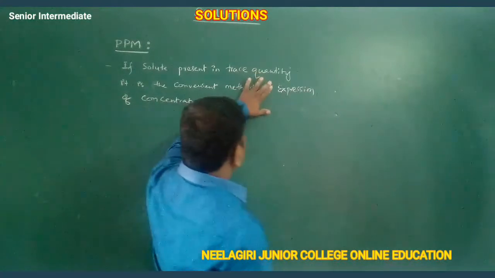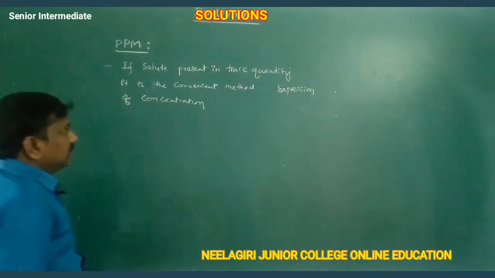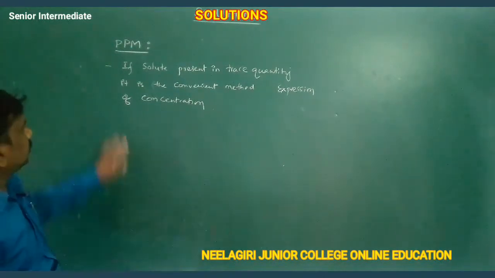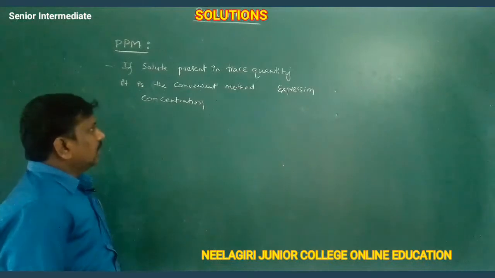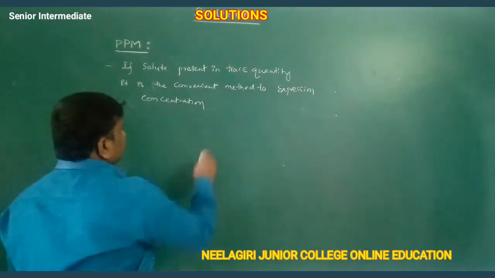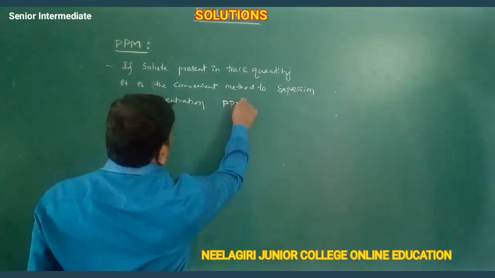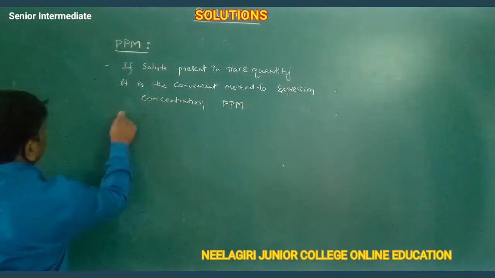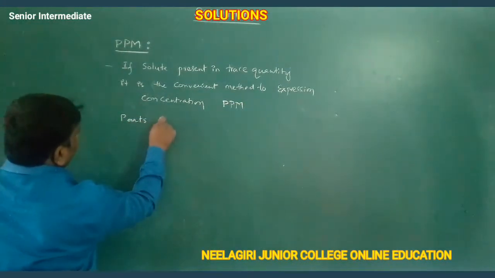It is the convenient method to express the concentration in ppm. ppm means parts per million.